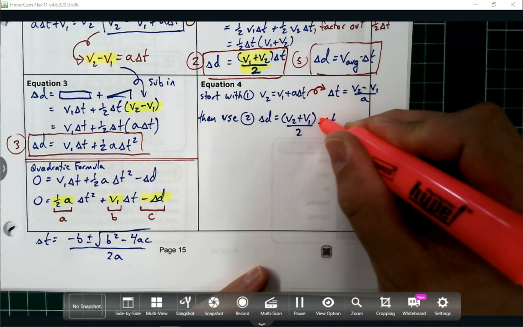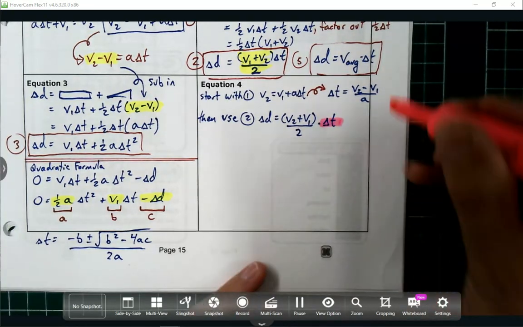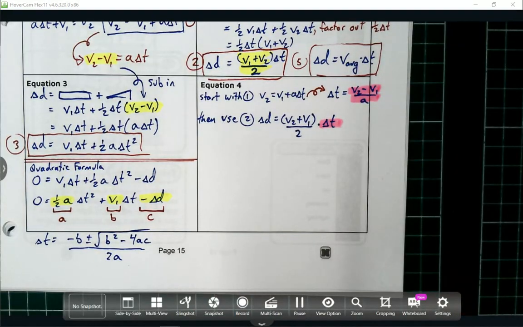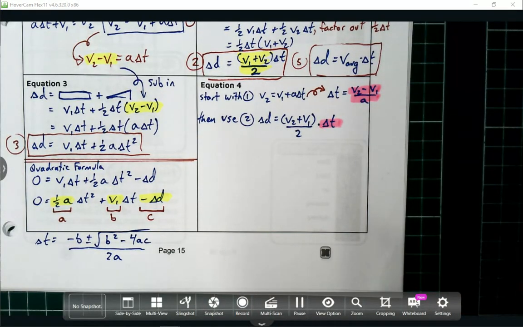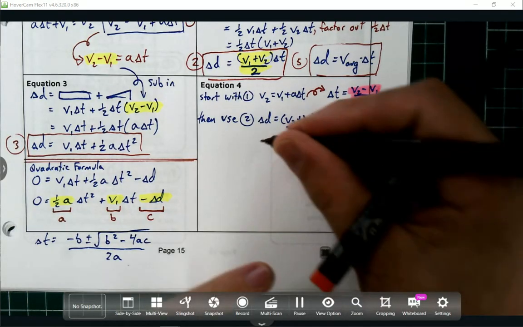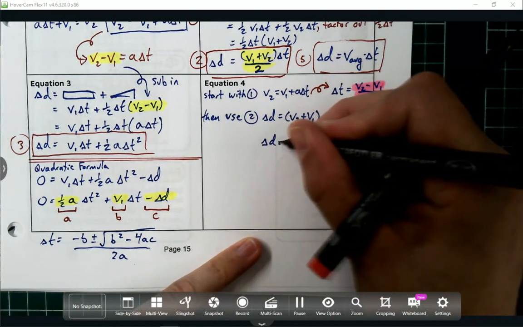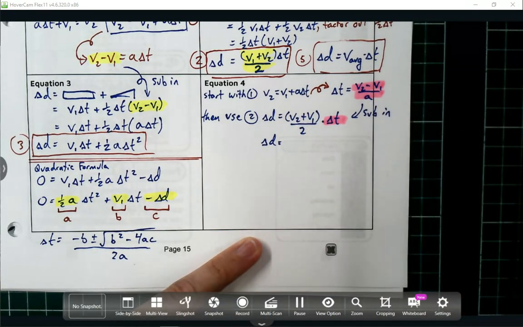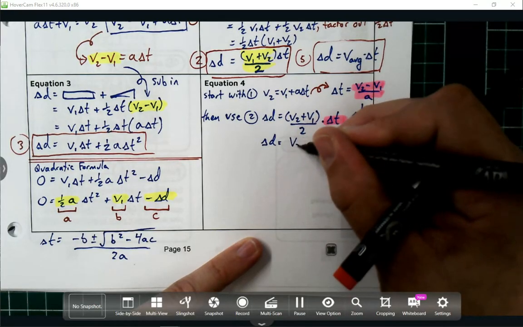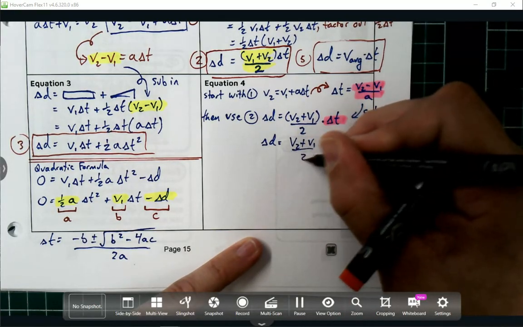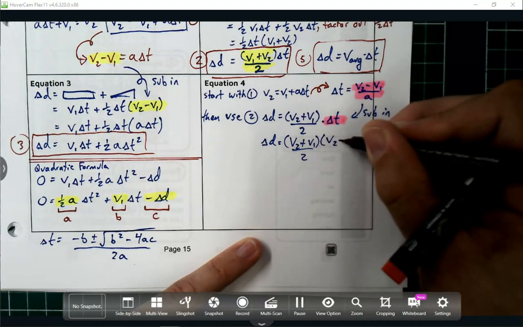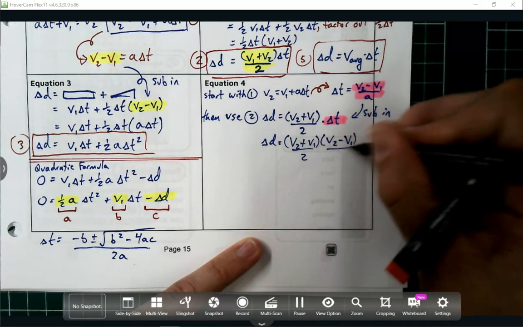If I sub in to this delta t spot the expression V2 minus V1 over a, that's going to be mathematically helpful for me, okay? So I'll tell you why it's going to be helpful. Let's write this thing out and see what happens. Delta d, I'll make a little comment: sub in. Okay? Delta d equals V2 plus V1 over 2. Put brackets around it. Instead of delta t, I'm going to write V2 minus V1 over a.